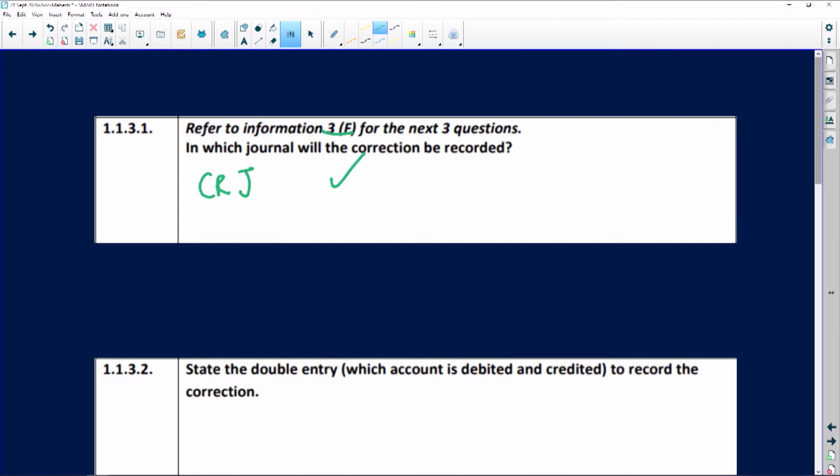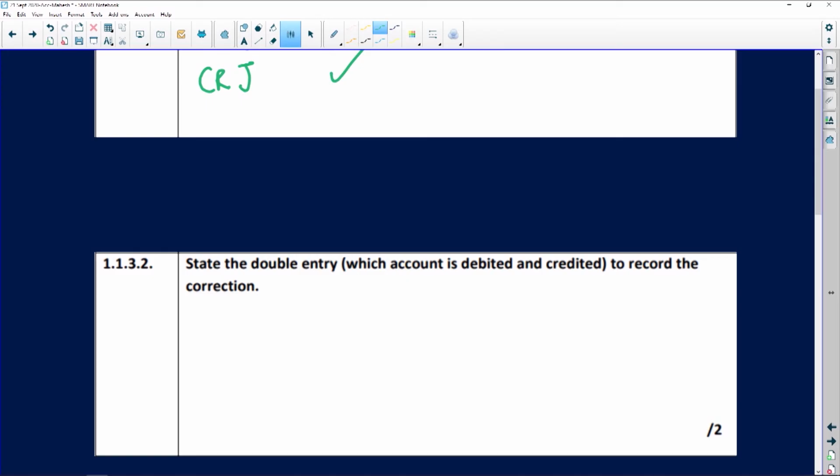Right, then the next question, state the double entry which account is debited and credited to record the correction. Now remember, obviously bank gets affected and we purchased stationery. Okay, so if bank, remember we obviously overstated the CPJ with 9 Rand.